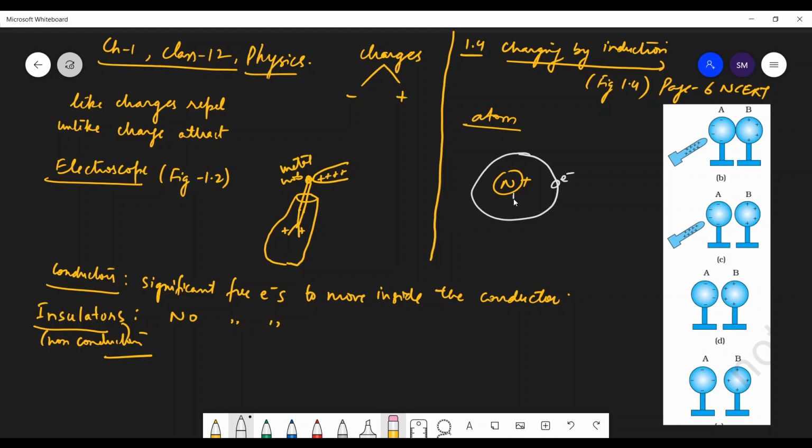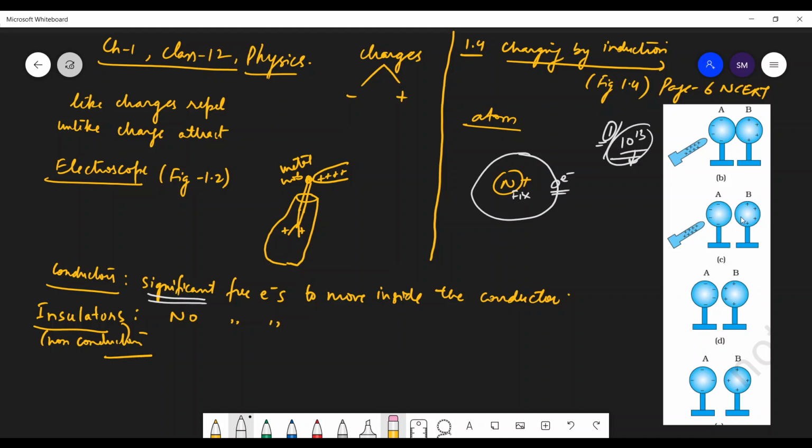The nucleus is fixed in the atom, whereas a significant number of electrons are free to move inside the conductor. So these are the electrons which were there in spheres A and B. You can say 1 out of 10 to the power 13 electrons, so only one electron out of that many moves. But still this number of electrons is significant, because the total number of electrons is many more than this.